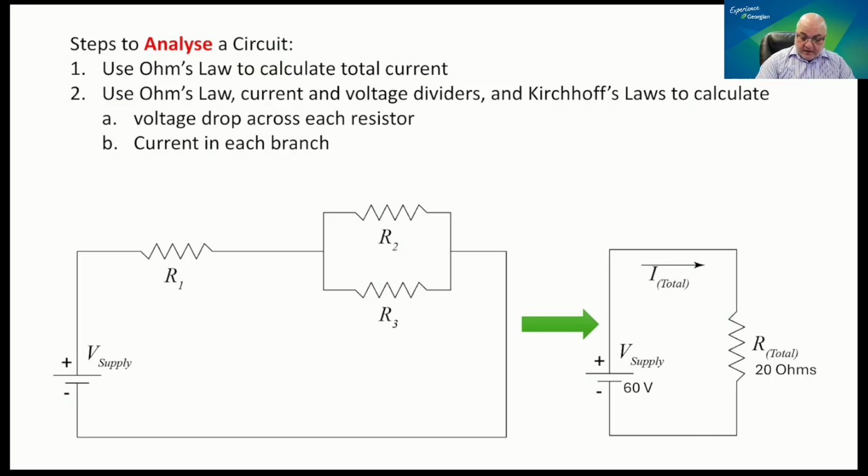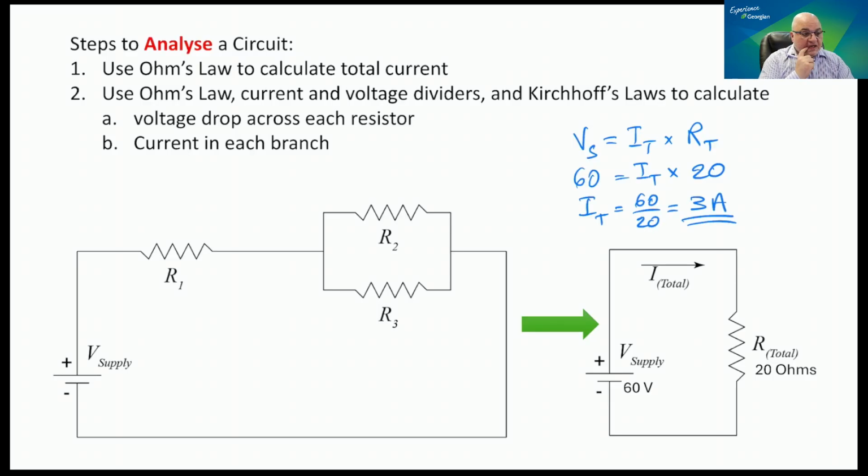In this case, Ohm's law is going to be: voltage supply, which is 60, equals the total current multiplied by the total resistance. So 60 is equal to I total multiplied by R total, which is 20 ohms. So I total equals 60 divided by 20, which is equal to 3 amps.